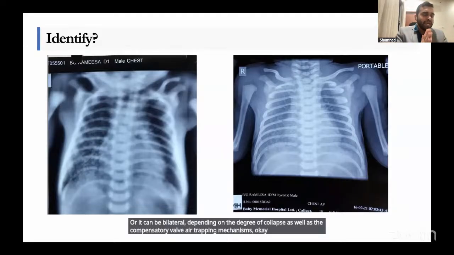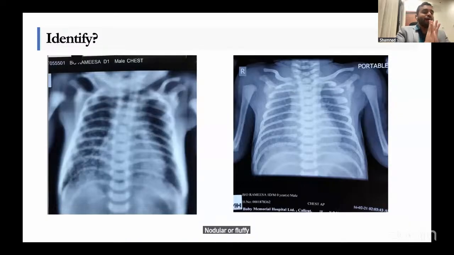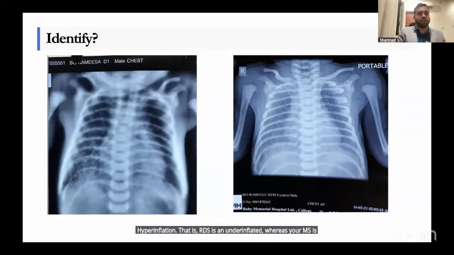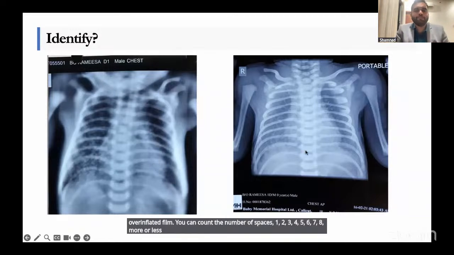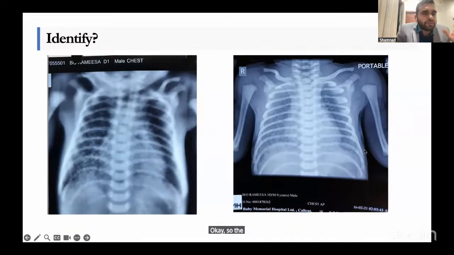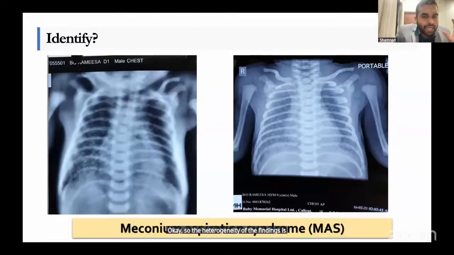So you see bilateral nodular or fluffy infiltrates, heterogeneity of the finding, and hyperinflation. RDS is an underinflated film, whereas MAS is an overinflated film. You can count the number of spaces, 1, 2, 3, 4, 5, 6, 7, 8, more or less 9 spaces. So the heterogeneity of the findings is the hallmark of MAS.